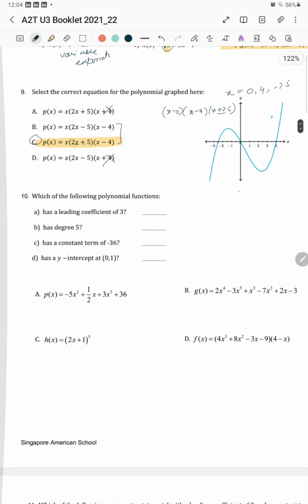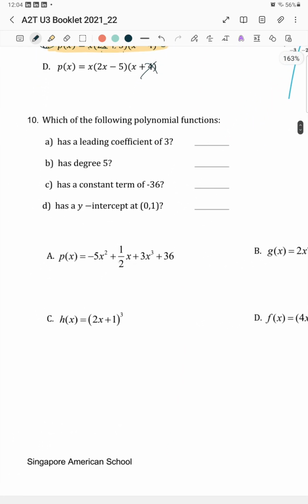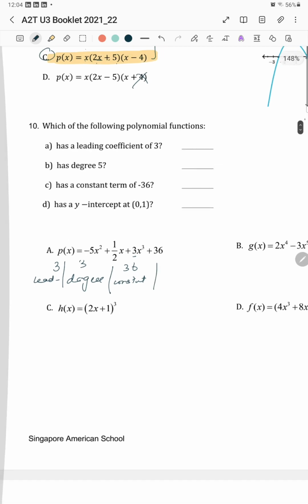Leading coefficient of 3. Okay, so the leading coefficient here is... degree 3. The leading coefficient is 3 here, the degree of the polynomial is 3, the constant term here is plus 36, y-intercept 0, 1.